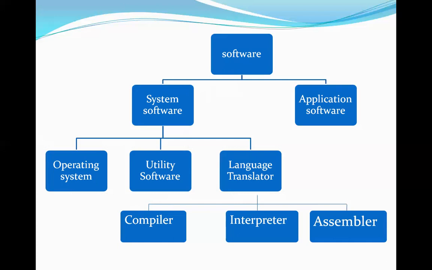Application software is a computer program designed to carry out a specific task other than one relating to the operation of the computer itself, typically to be used by the end user. Word processor, media player, and accounting software are examples of this.